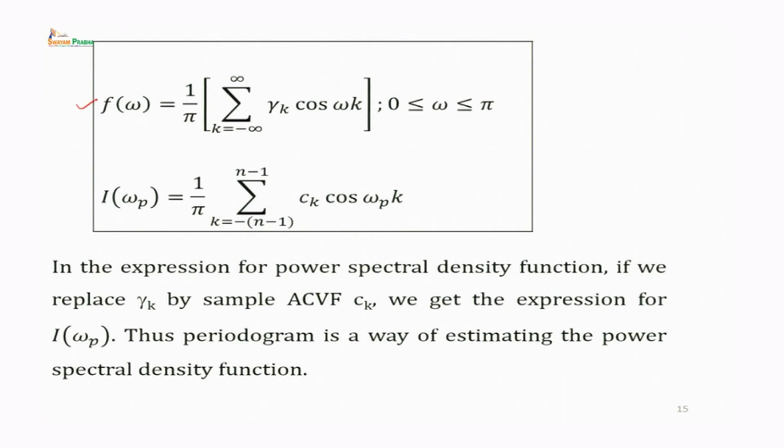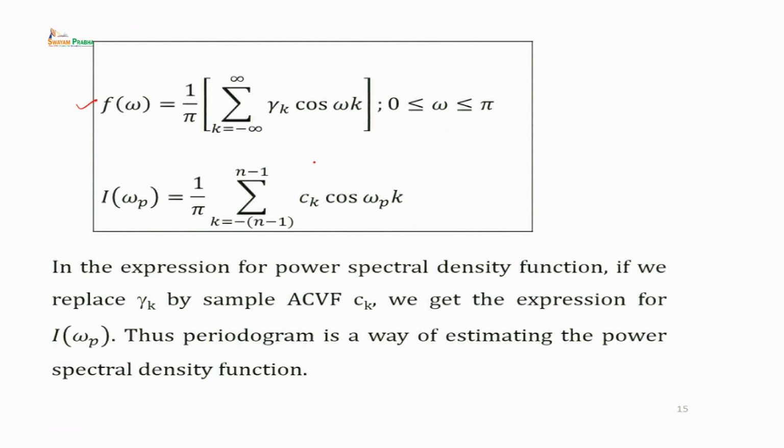So, f omega is the spectral density function when omega lies between 0 to pi. f omega is equal to 1 upon pi summation k equal to minus infinity to plus infinity gamma k cos omega k, and I omega p is equal to 1 upon pi summation k equal to minus n minus 1 up to n minus 1 C k cos omega p k.